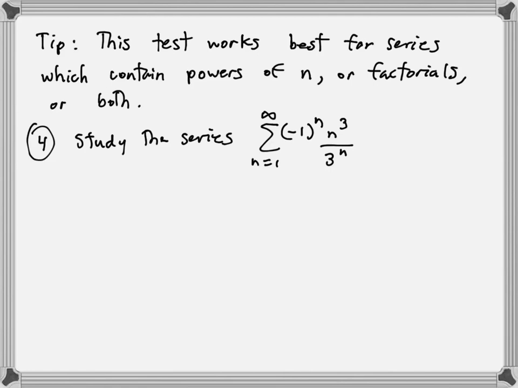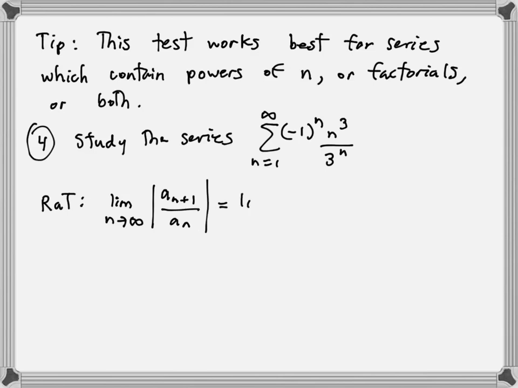So we are going to use the ratio test. Using the ratio test, we need to do the limit as n goes to infinity of the absolute value of a_{n+1} over a_n.